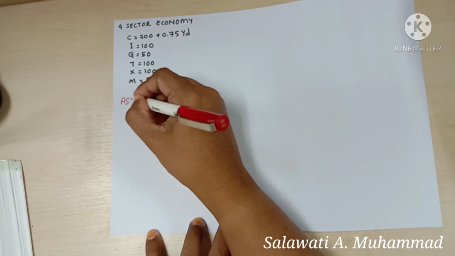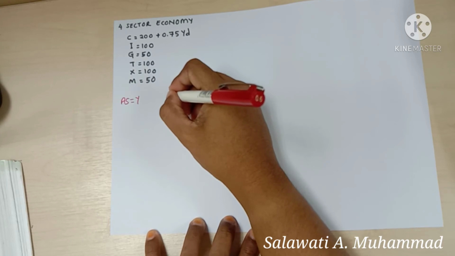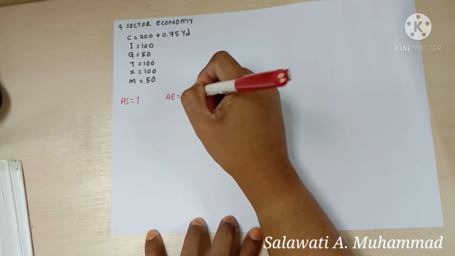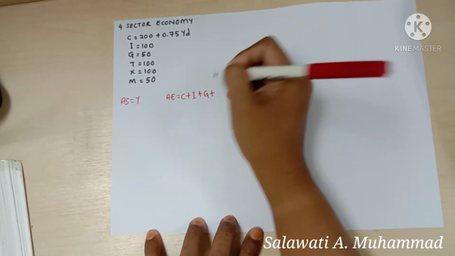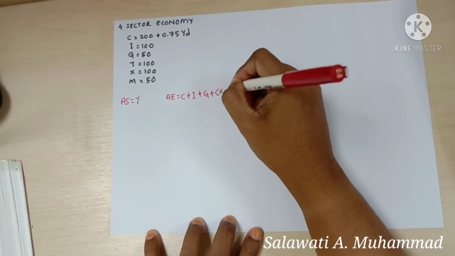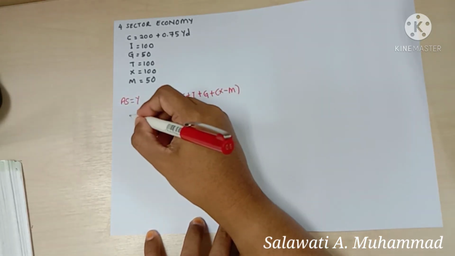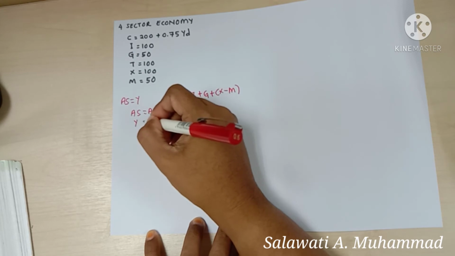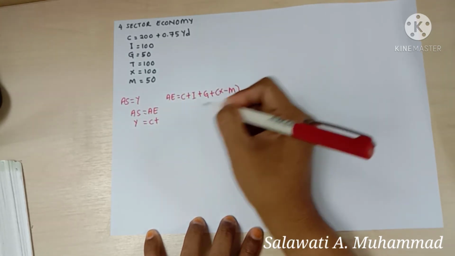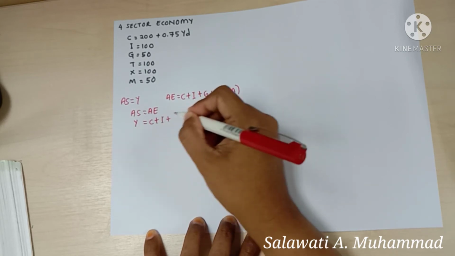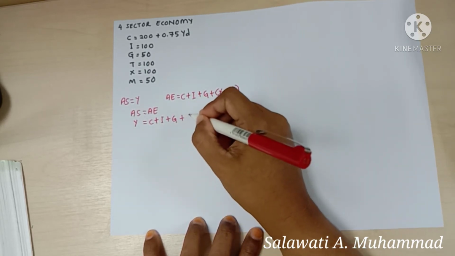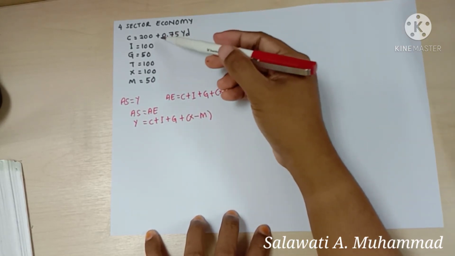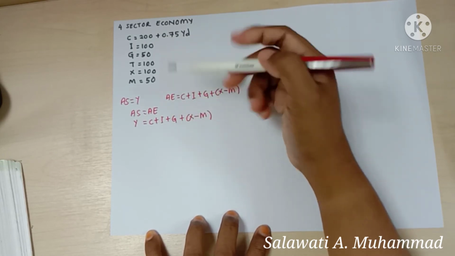First, AS must equal Y. AE must equal C plus I plus G plus X subtract with M. Okay, so by using the AE approach, Y must be equal C plus I plus G plus X minus M. Okay, so we put all the values here into this equation.